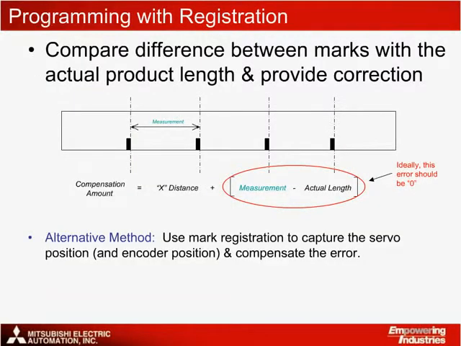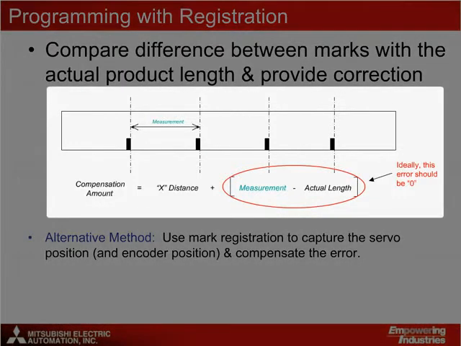Programming with registration provides a huge advantage to adjust the accuracy of each cut, which ultimately guarantees a higher quality end product through preventing the negative side effect of position displacement through unexpected stretching or binding of the material, for example. The math provided compares the difference between marks with the actual product length and then uses the error amount to provide adjustment.